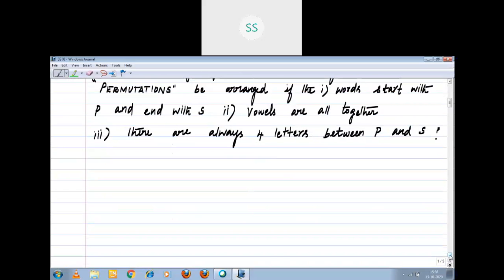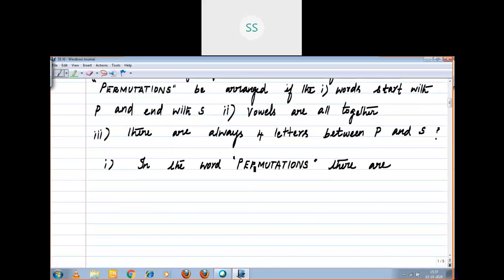Listen carefully, children. First subdivision. See, in the word PERMUTATION, how many letters do you have to count? 1, 2, 3, 4, 5, 6, 7, 8, 9, 10, 11, 12.